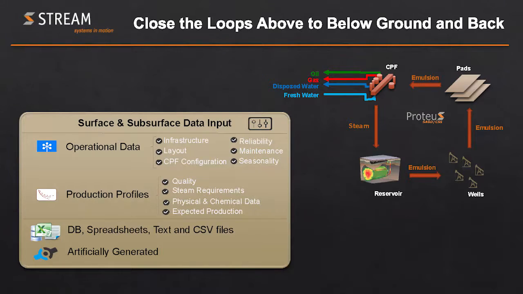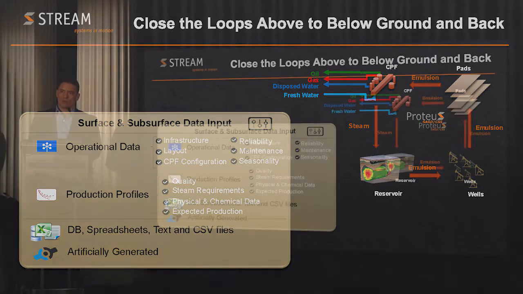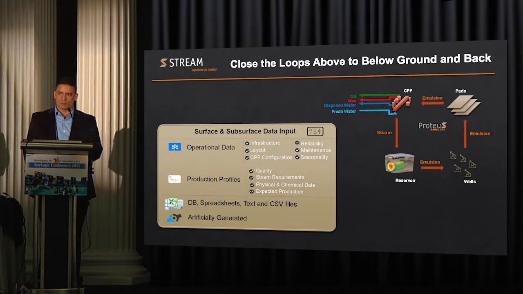We have production profiles that can tell us from each one of the components of the emulsion when we are receiving, how much we are receiving, and based on each one of the factors that we have in the model. And at the same time, we have Excel files and TXT files. All of them are combined, and the model can identify when we have a lack of information and can auto-generate information in order to fill whenever we have a hole of information.